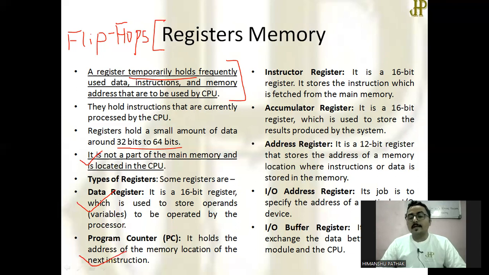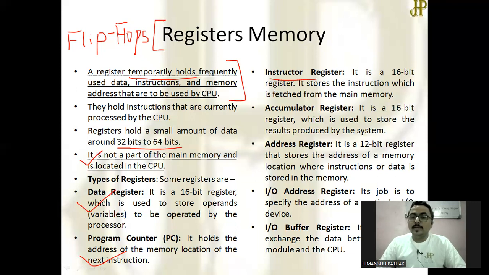It holds the address of the memory location for the next instruction so that accessibility can be fast and operation can go on without any interruption. Next one is the instruction register. As the name suggests again, it stores the instruction which is fetched from the main memory.